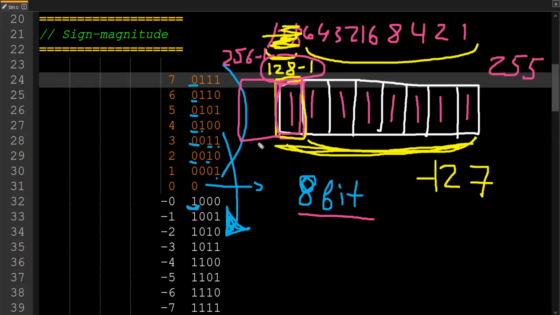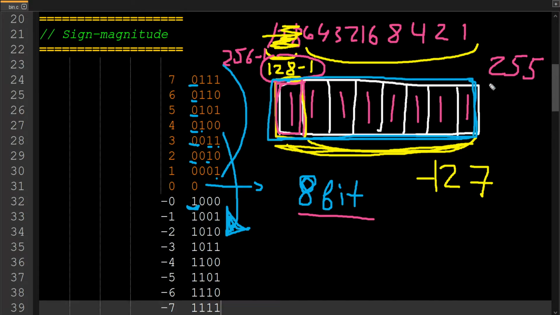So this thing here could represent different things. If we look at this number as unsigned, it will be 255. But if we take this piece of memory inside of our PC and look at this variable as a signed variable, it will be -127.